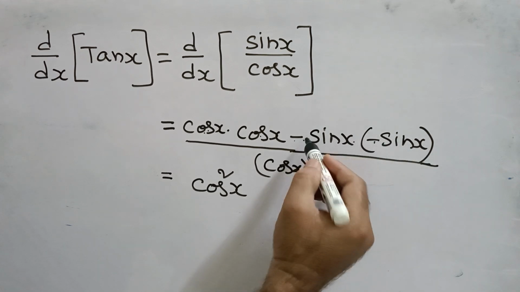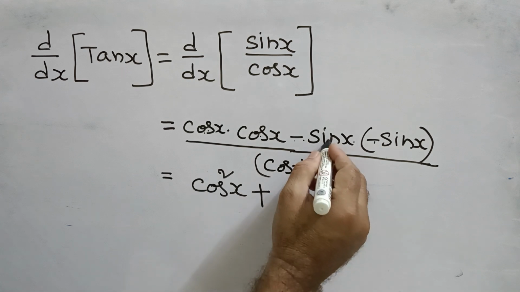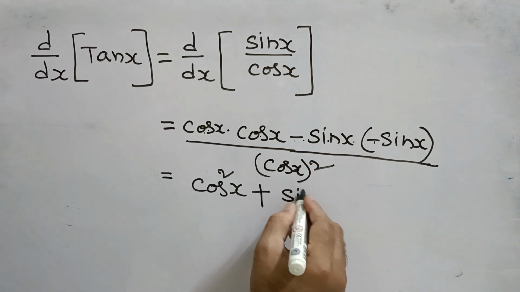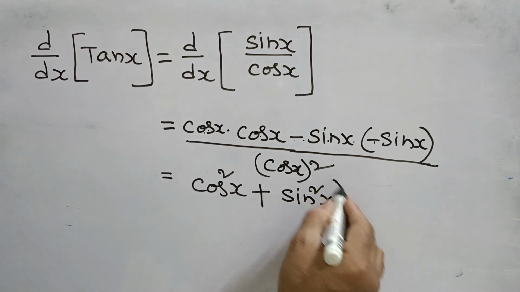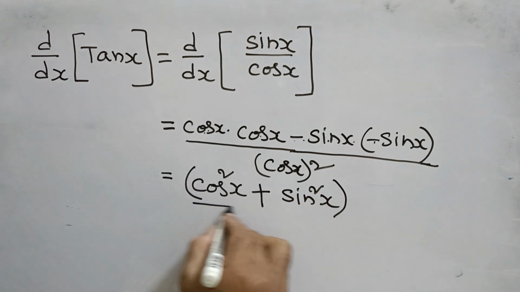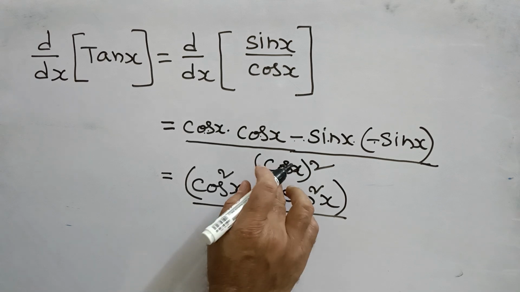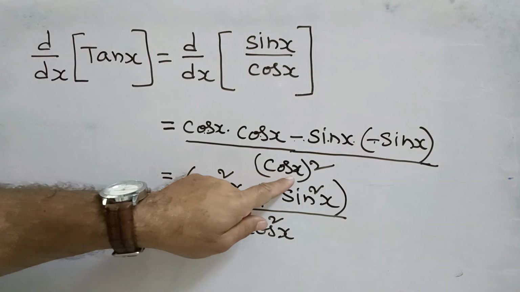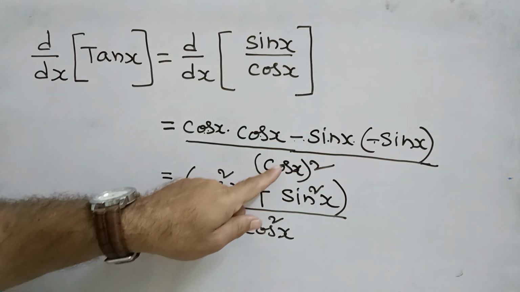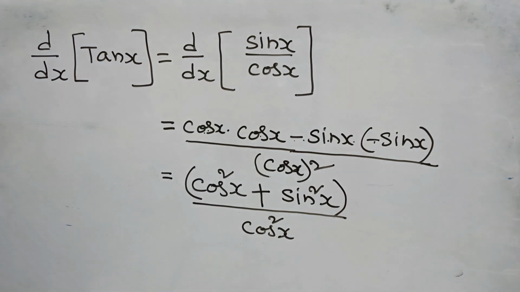So minus into minus, what is that? Plus sin x into sin x, sin square x. Put this numerator part in a bracket. Then cos x square is nothing but cos square x. Cos x whole square is equal to cos square x. You can write it like this also, right?